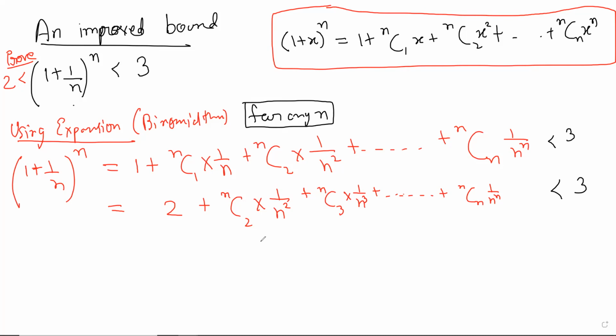So what Ishana is saying is simply what we had done, n square times this maybe. Am I right? Is this what you're saying, or are you saying something more tight? Like this is less than n cube and so on.